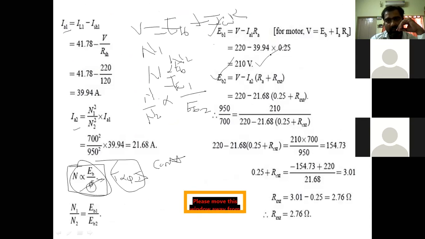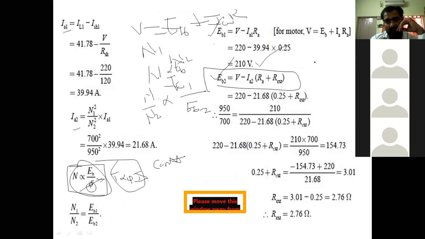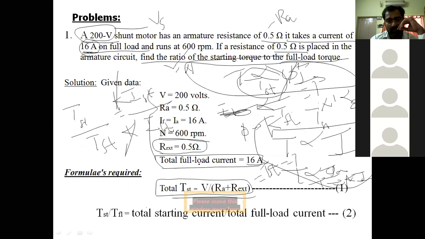To reduce the speed from 950 to 700 rpm, you have to place some resistance in the armature. That is your external resistance here. In the first problem, he had given it directly: he inserted 0.5 ohms in the armature, and thereby you calculated the torque.